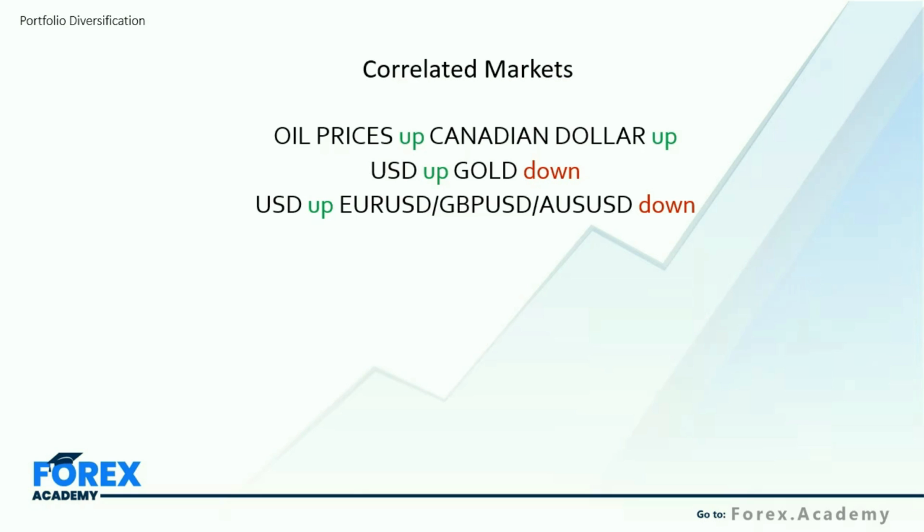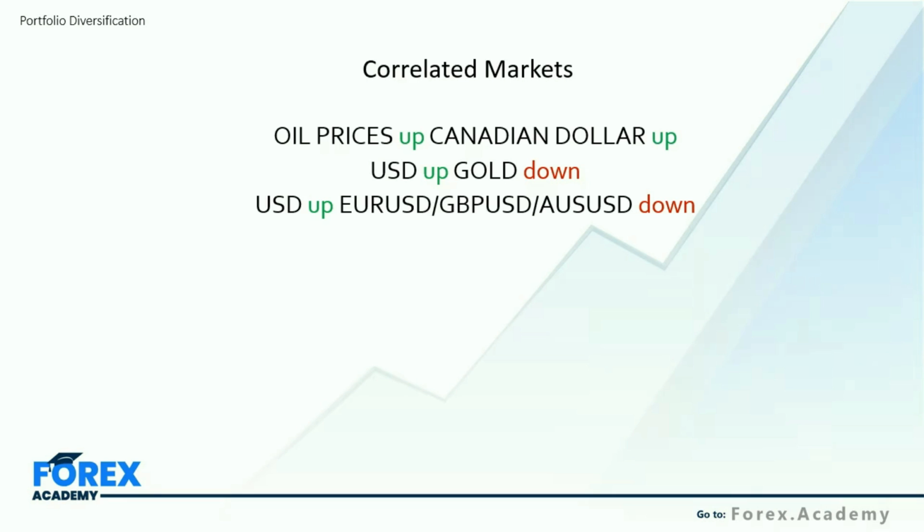In addition to oil and the Canadian dollar, we also have the US dollar, which is correlated negatively with the gold market, for example. The other slightly confusing aspect of correlated markets is they don't necessarily need to move in tandem.